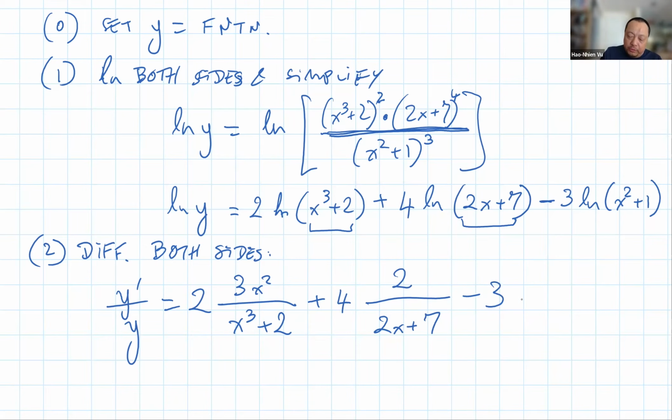Minus 3 times 1 over x squared plus 1 times the derivative of the inside, which is 2x. So you see that the derivative of ln is a whole lot easier to do than trying to take the derivative of some ungodly quotient rule.